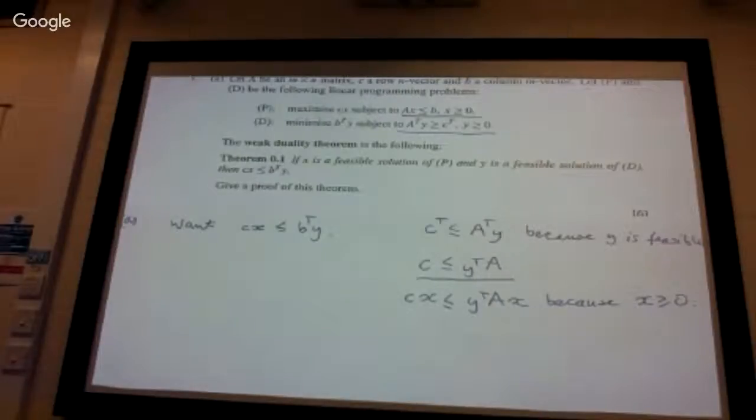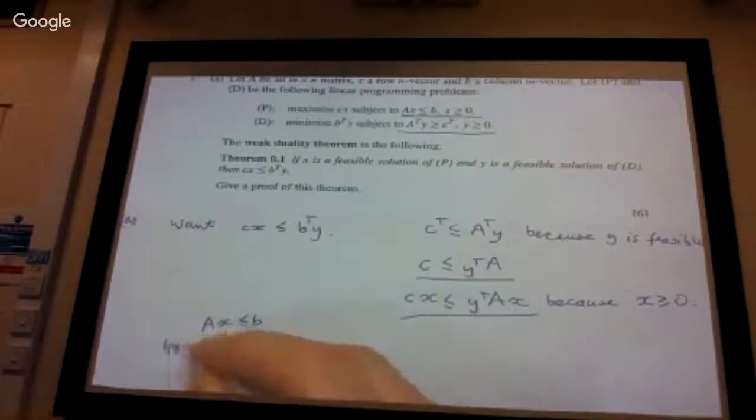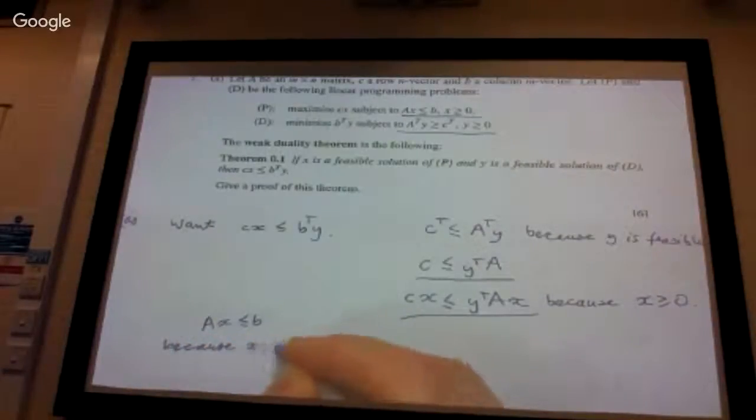So you've got this, and that's a good thing to have. And now you know that Ax is less than or equal to b because x is feasible.